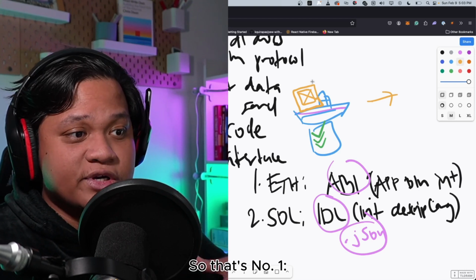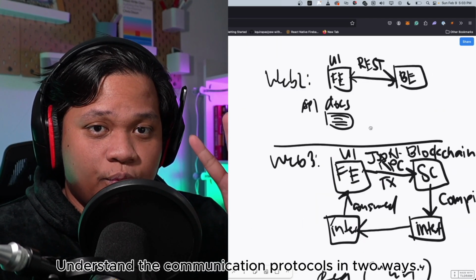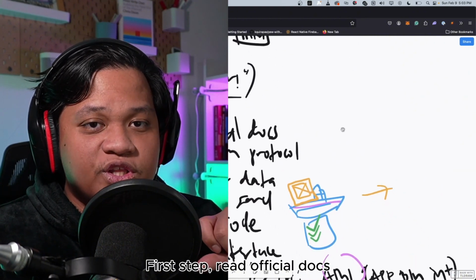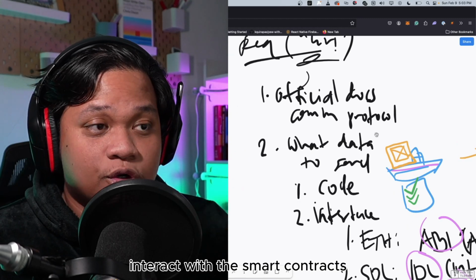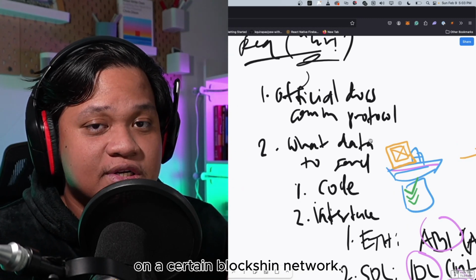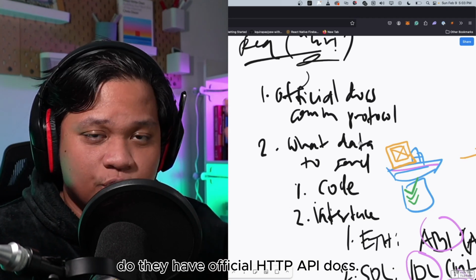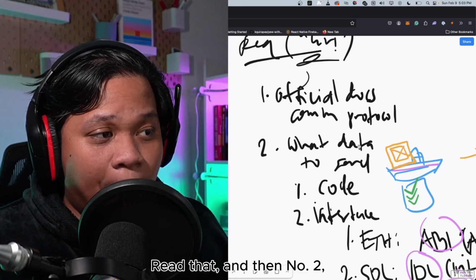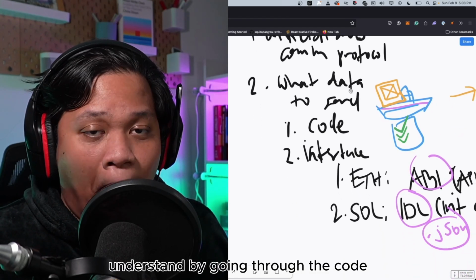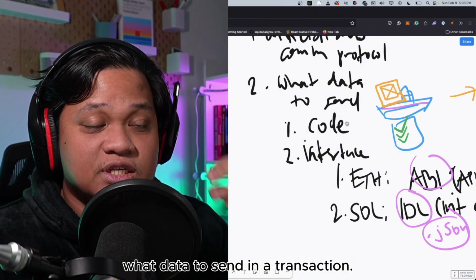So that's number one. Understand the communication protocols in two ways. First step, read official docs so you know how to interact with the smart contracts on a certain blockchain network. Understand how they communicate. Is it JSON RPC? Do they have official HTTP API docs? Read that. And then number two, understand by going through the code what data to send in a transaction.